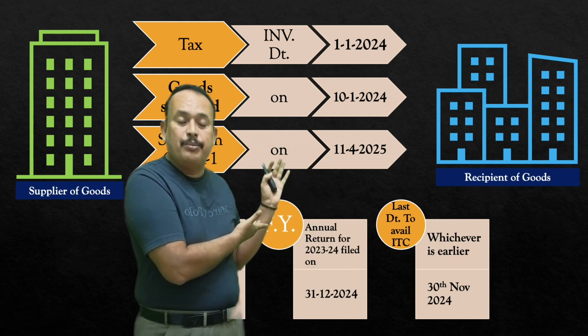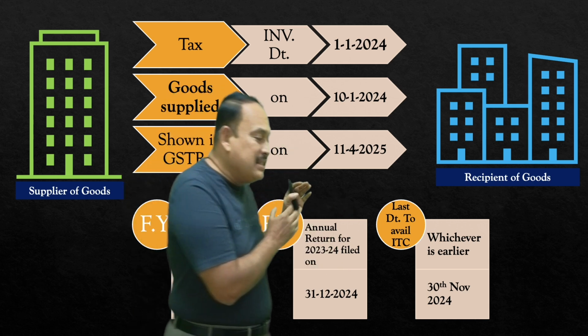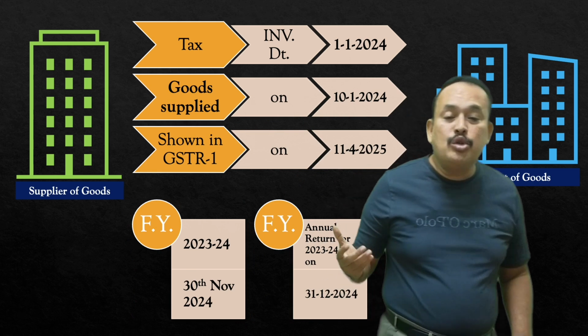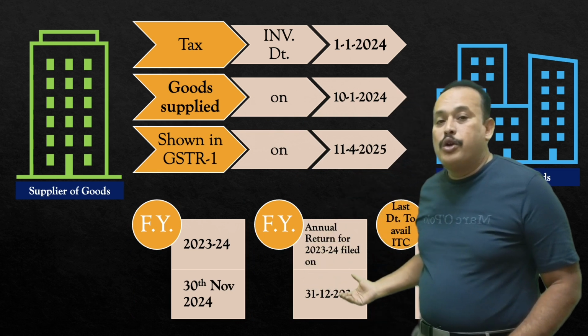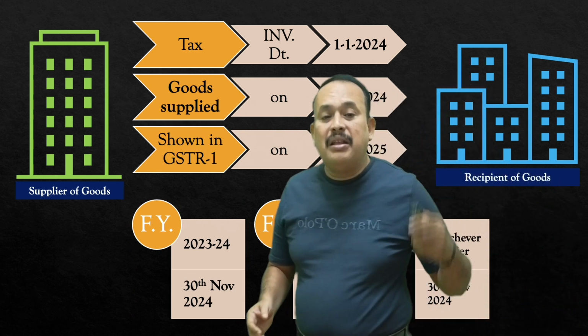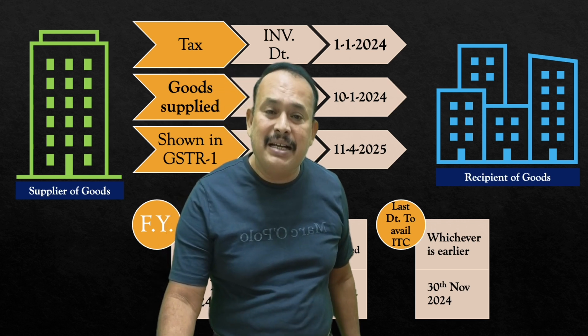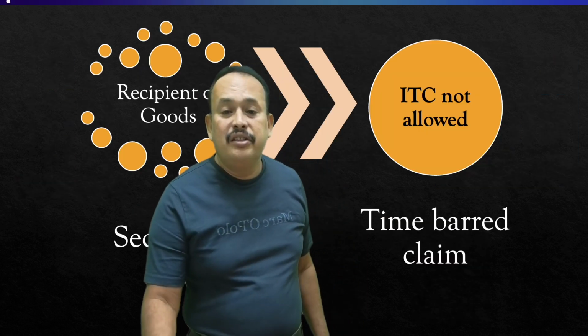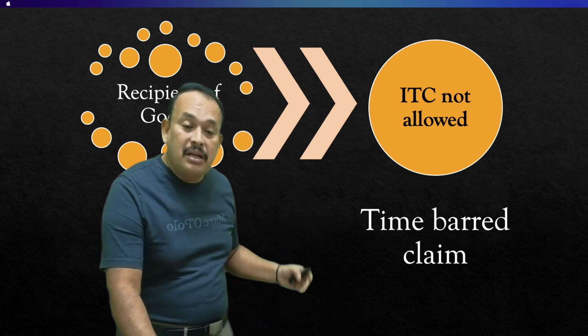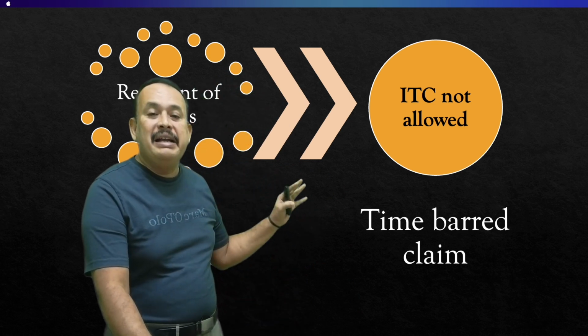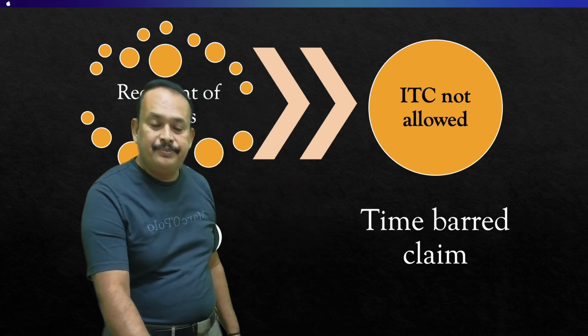In our example, the time limit for the recipient to avail the ITC is 30th November 2024. Now, in the month of April 2025, is it possible for him to avail the ITC? Obviously not. Therefore, it is called a time-barred claim. ITC cannot be availed by the recipient.